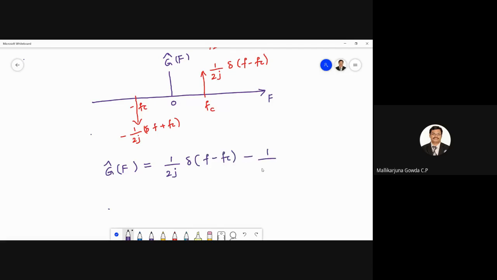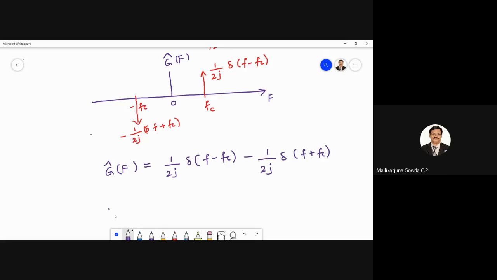Minus 1 by 2j into del of f plus fc. Or you can take 1 by 2j, flower bracket, and write del of f minus fc minus del of f plus fc also. Okay, nothing wrong.